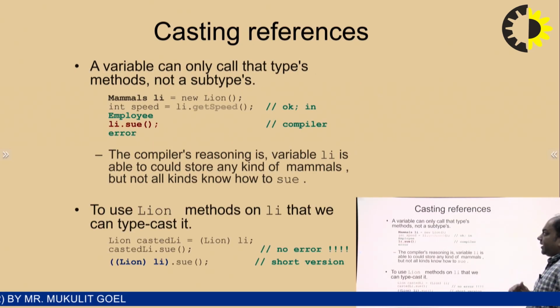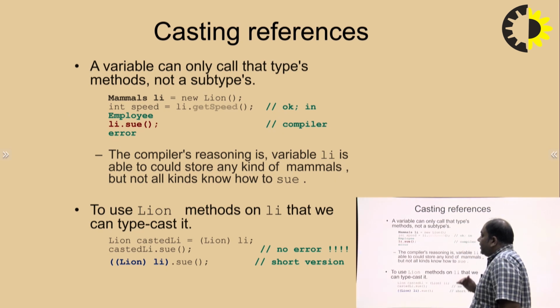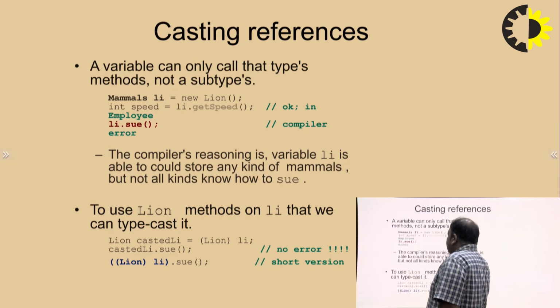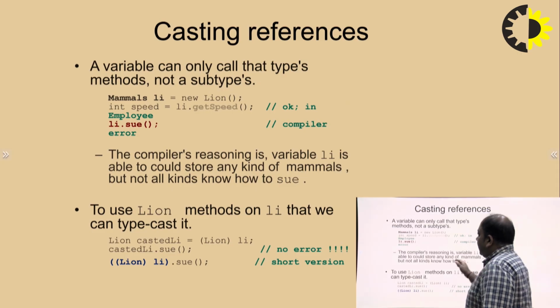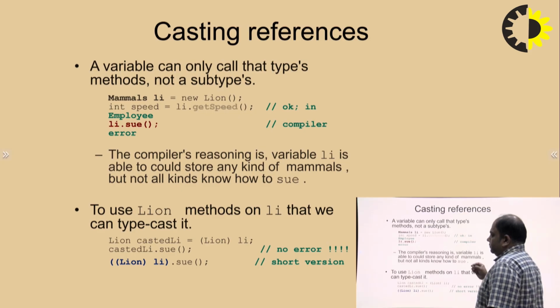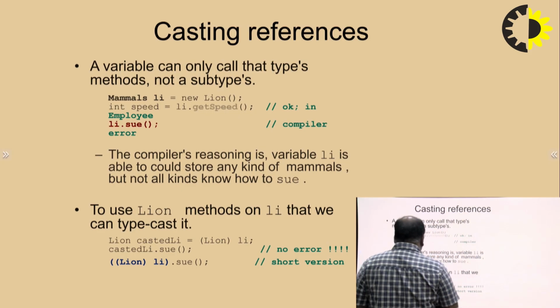So by using these casts, now I will explain this casting. A variable can only call the type's methods, not a subtype's. First, we manually create a lion. We want to get its speed, so we write some variable name. But this is an error because we are not using the right format.